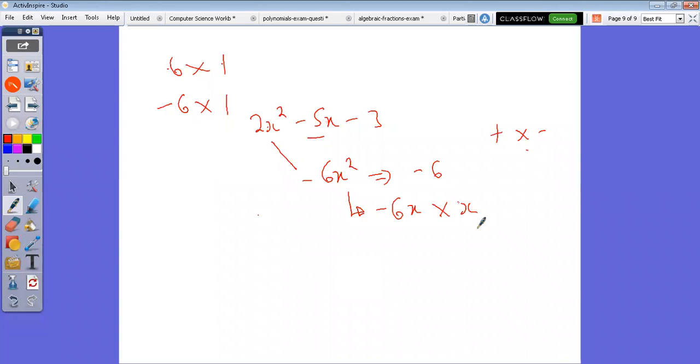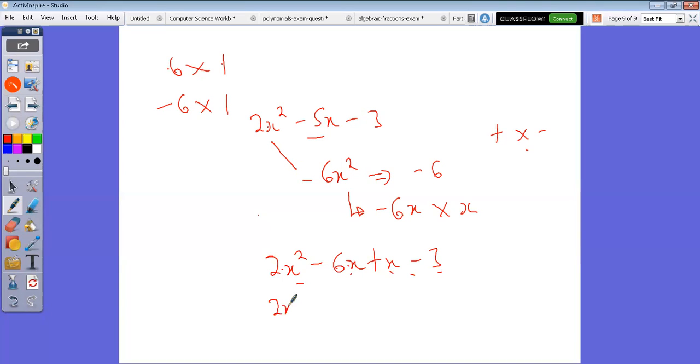Then you take these two factors as they are, the order does not matter, and you replace this term here with these two factors. So now it becomes 2x squared minus 6x, plus x minus 3. Don't solve them, because you go back to this. Then you factorize this part, you factorize this part. If you factorize this, there's 2x that can go into both.